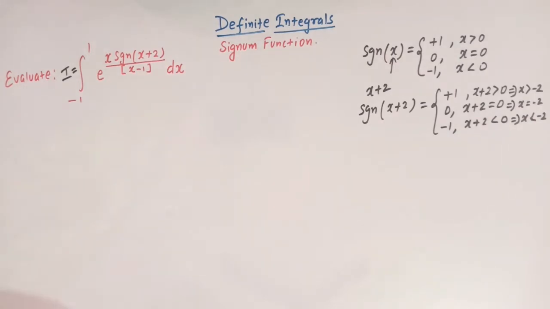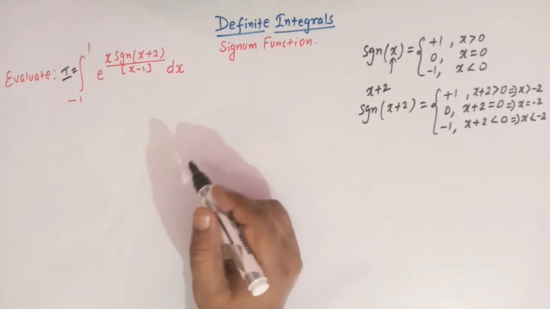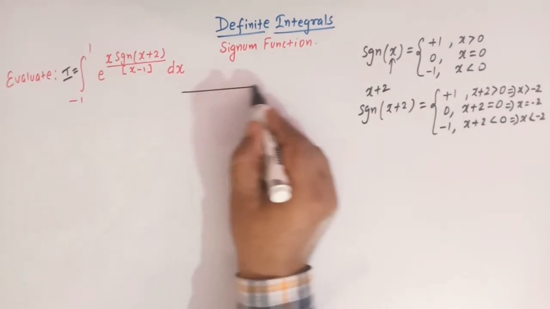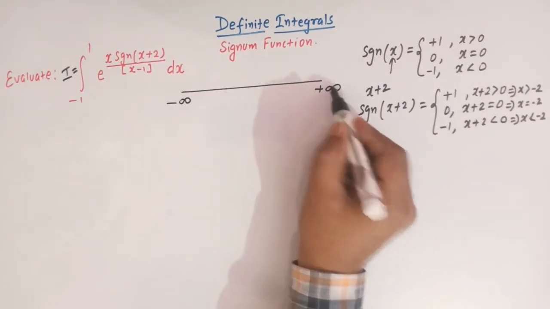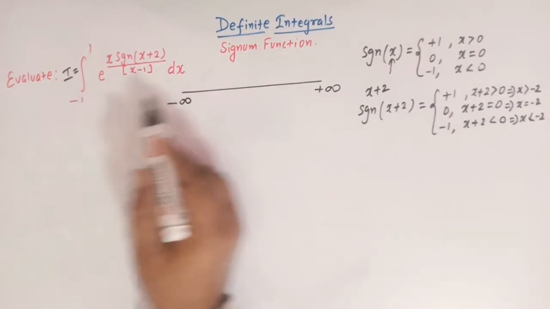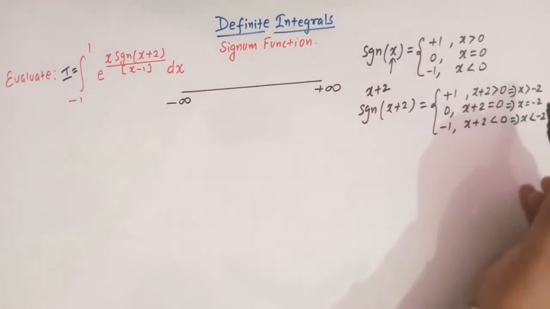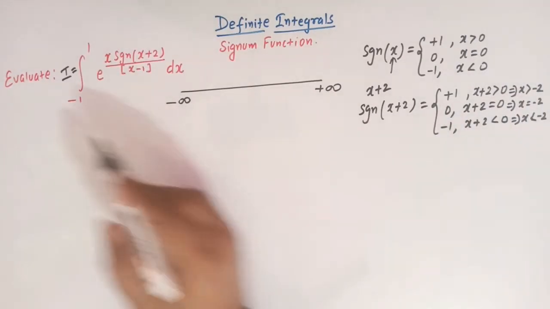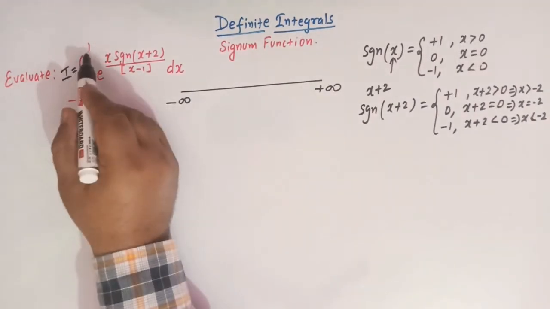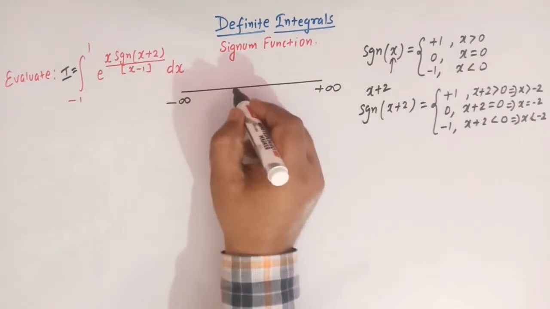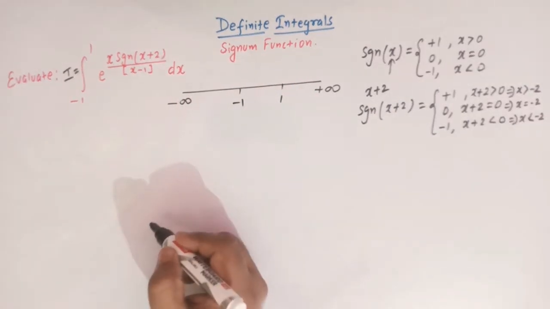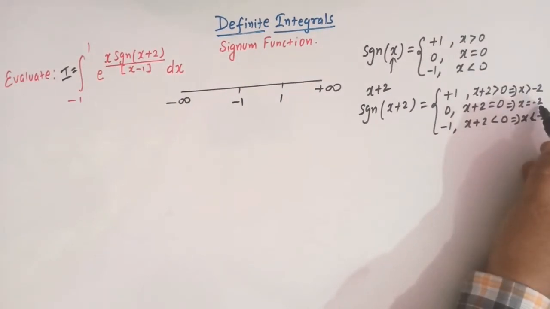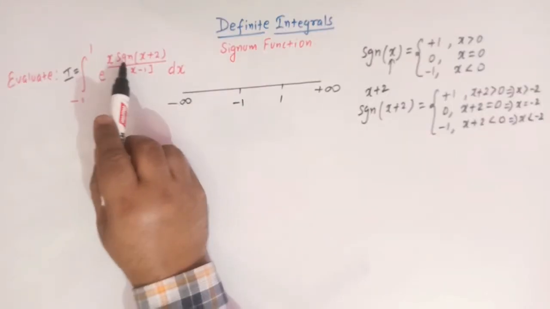Now let us take the real number line and see. Here we have the real number line. This is -infinity, this is +infinity, and here we'll plot three numbers. Two numbers come from the limits, that is -1 and 1, right? And x equal to -2 comes from the signum function, right?